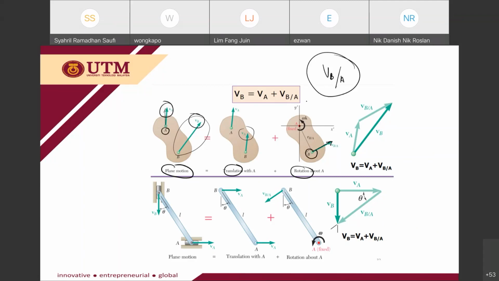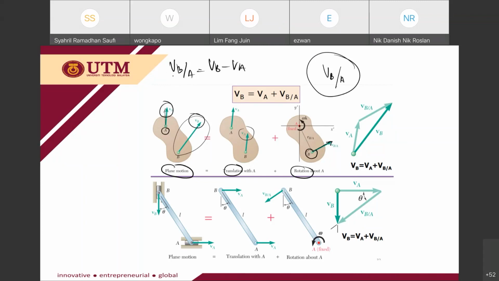It's just like relative motion analysis. The motion of point B relative to A, VB/A. Since we have three vectors, VB is equal to VA plus VB/A. This is the same thing I mentioned previously, VB/A is equal to VB minus VA. So we use the positive form.